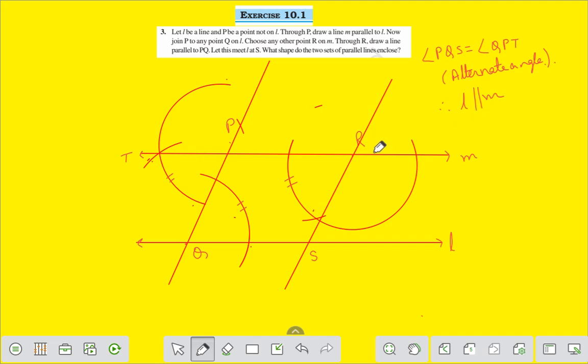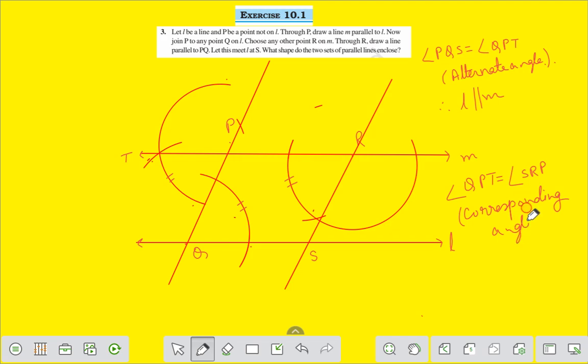And again, here you see that this angle is QPT. QPT is equal to this angle SRP, and these are corresponding angles.